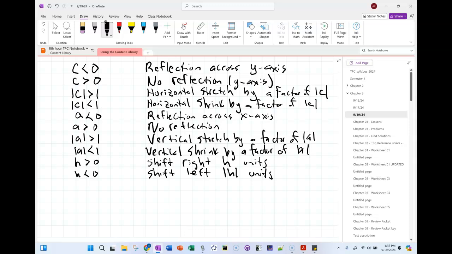Okay. And then if the H's do the left and rights, guess what the K's do? Up and down, guys. Up and down.